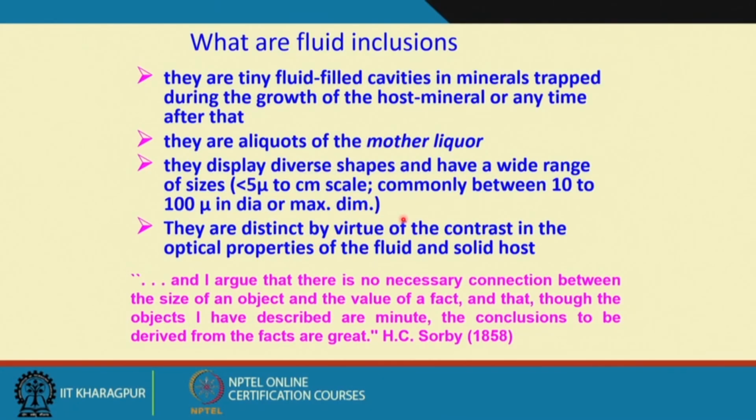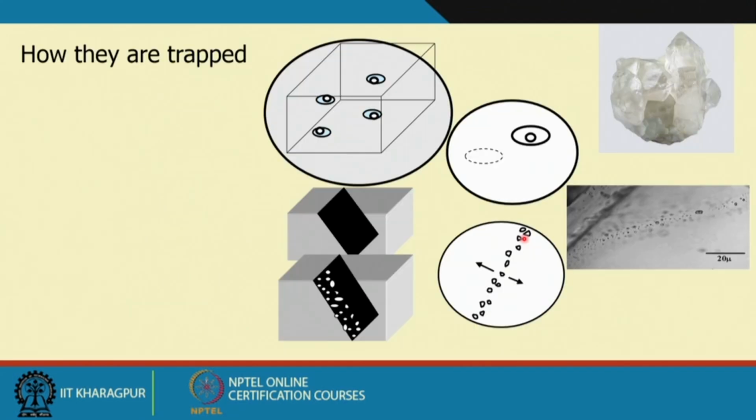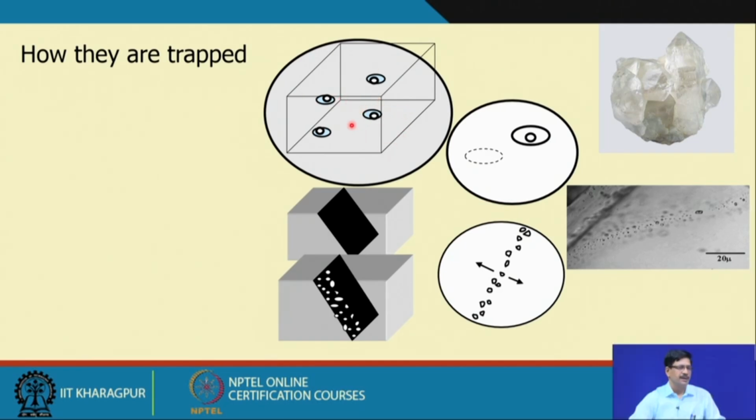Just to recapitulate, they display diverse shapes and sizes, and they have a very good optical contrast with the host mineral in which they occur. This diagram represents the process in which the primary inclusions form. We call these inclusions, which are part of a random three-dimensional network, the primary inclusions.